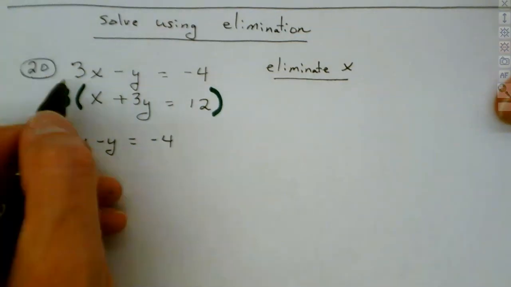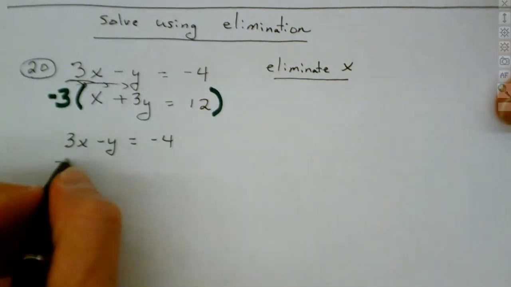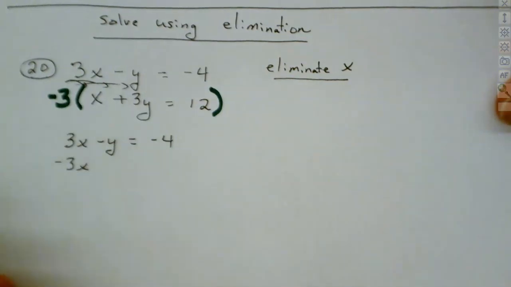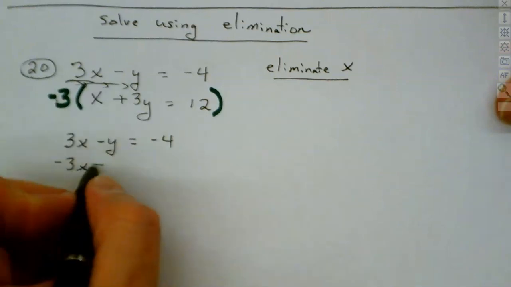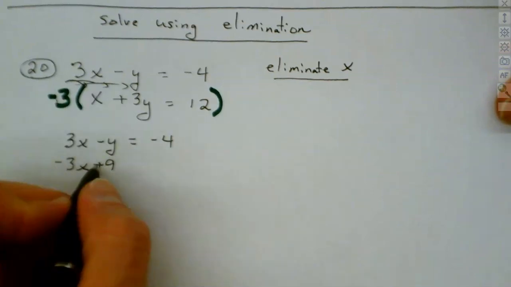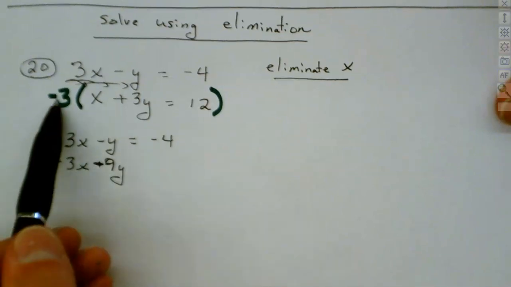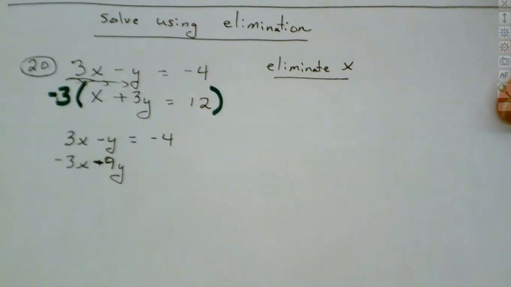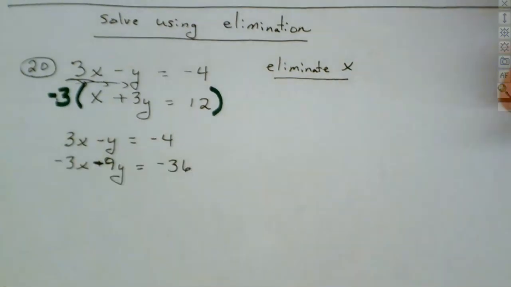When I multiply this by a negative 3, look what happens here. That becomes a minus 3x, negative 3 times 3 makes it a negative 9y there. Make sure I get the signs right. Negative 3 times positive 12. That's a negative 36, right?